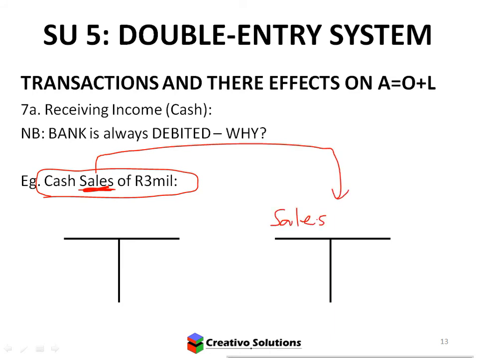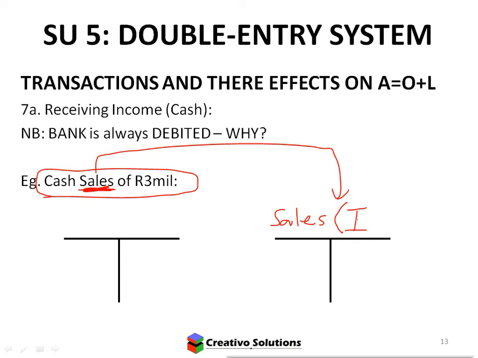Is it an asset? It's not a resource. Is sales a liability? It's not an obligation. Is sales an income? Yes, that makes sense. If I sell something, I get something, so that's an increase in benefits. Do you agree? So sales is an income.